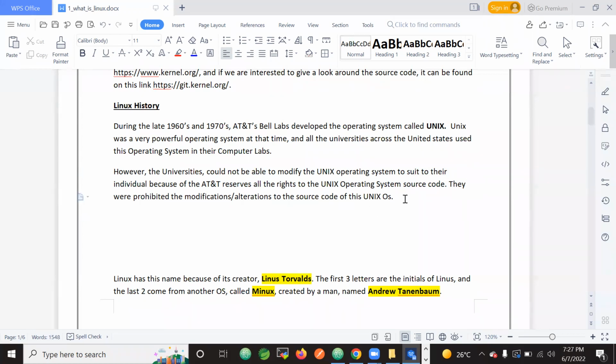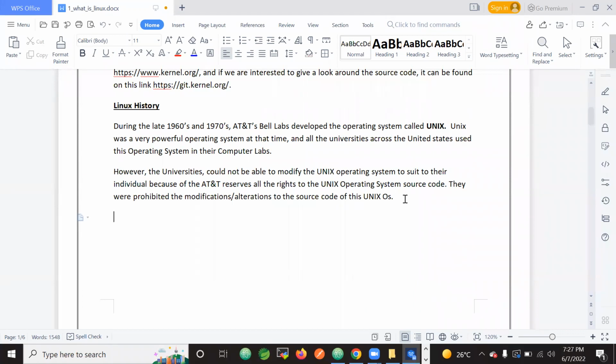So as it was not modifiable, in response to this, the computer programmer Richard Stallman, also sometimes termed the open source man, launched the GNU project in 1983.